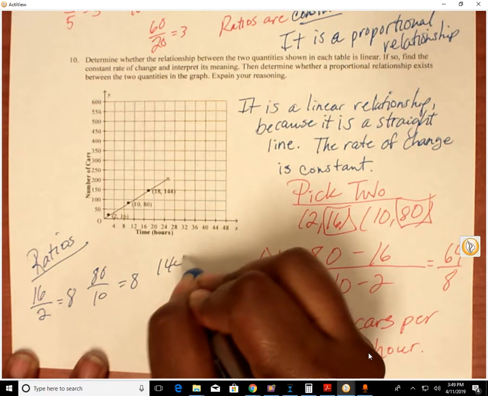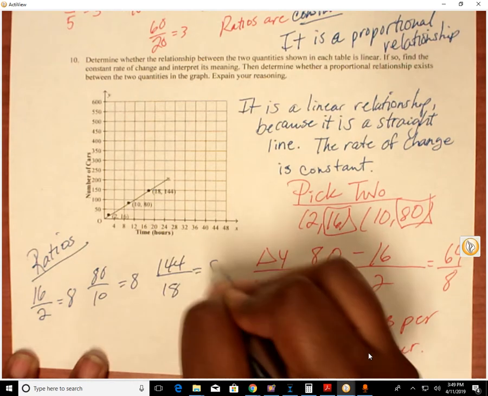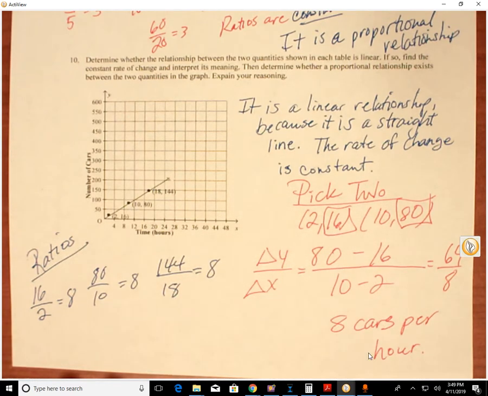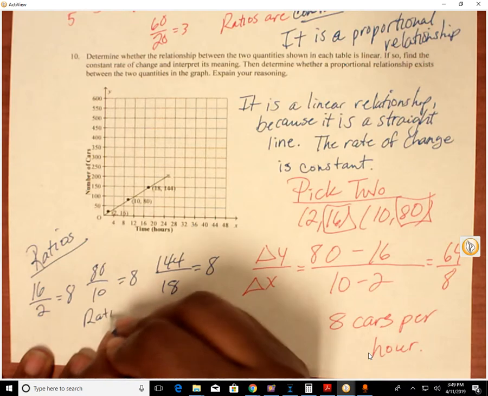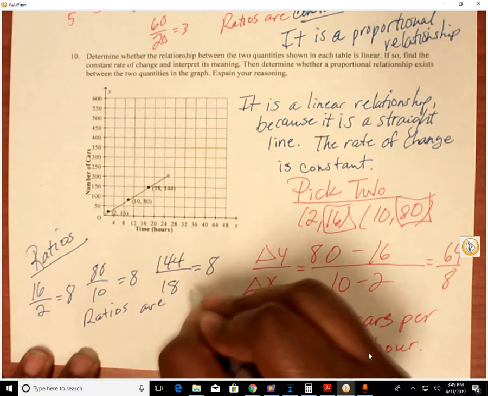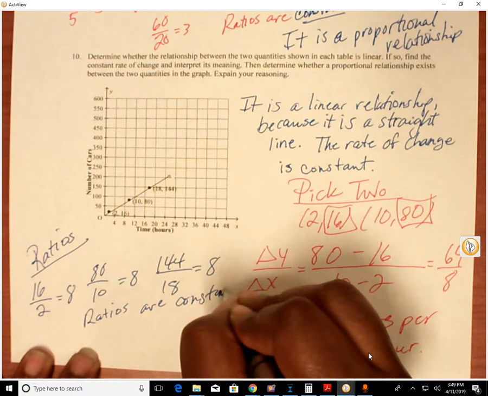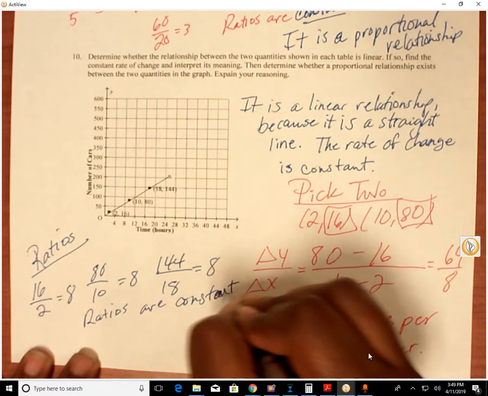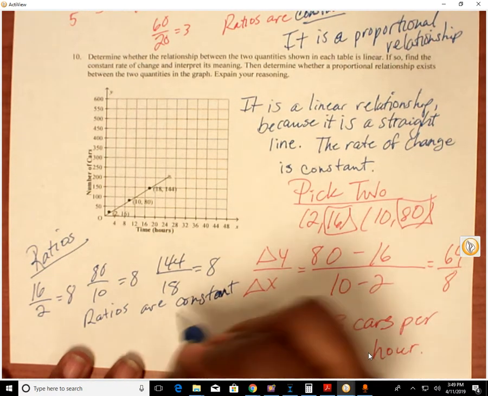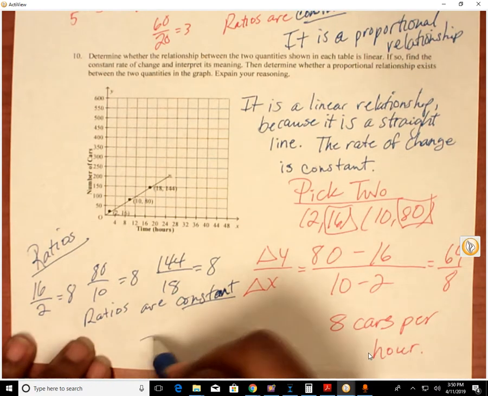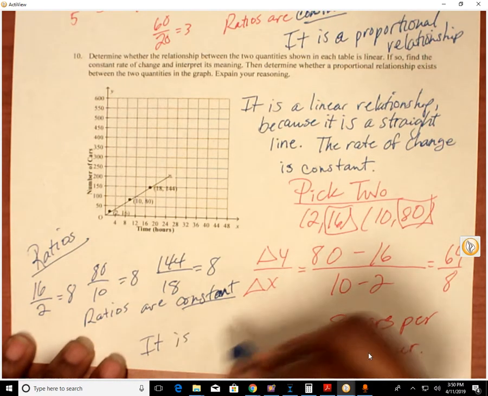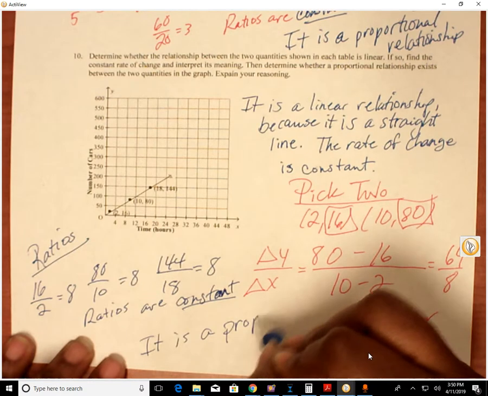And 144 divided by 18 is 8. If you notice that the ratios are constant, and we already know that the rate of change is constant, so it is a proportional relationship.